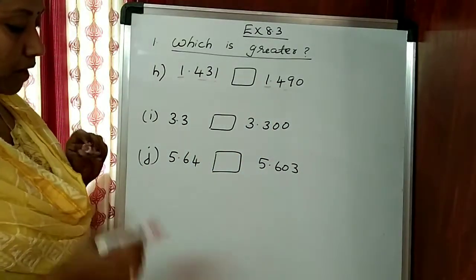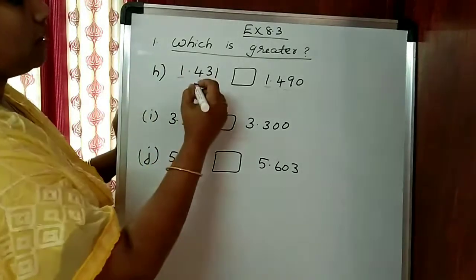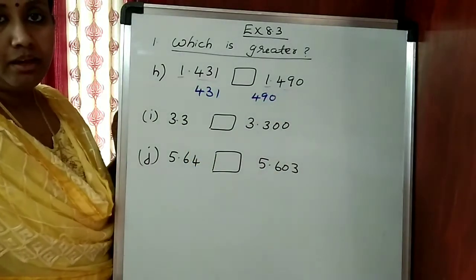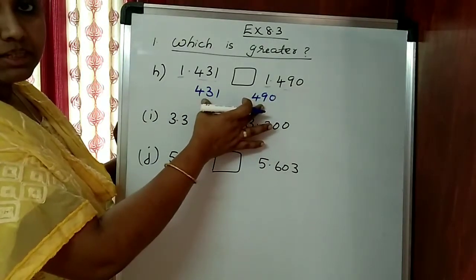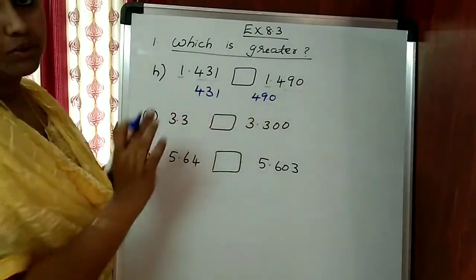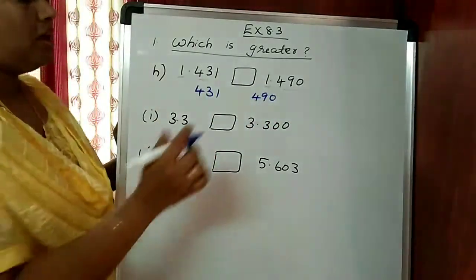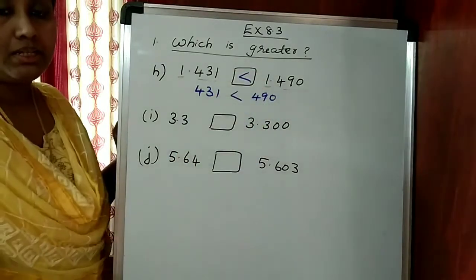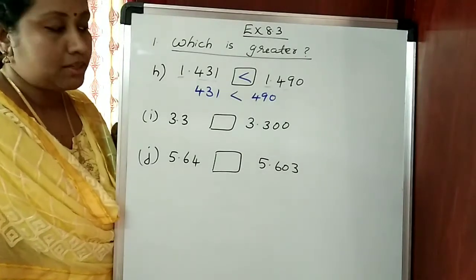Here, what is the decimal part? Yes, you just write the decimal part like this. Here 431, here 490. Both are like decimals, number of digits same. Here 3, here also 3. So you just compare 431 or 490, which is greater? Yes, 490 is greater. So which decimal number is greater? 1.490 is the greater decimal number.